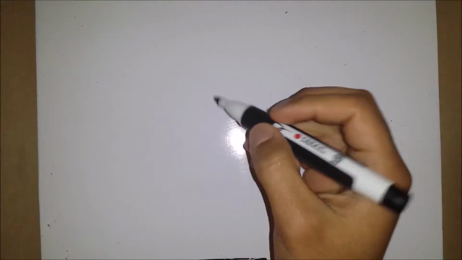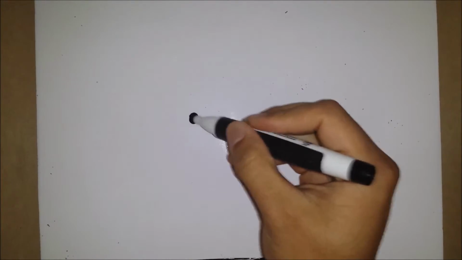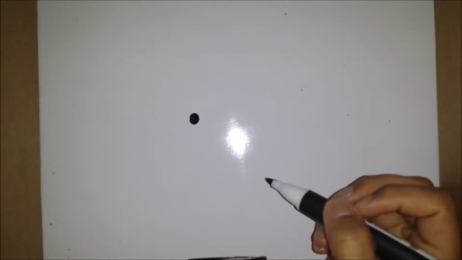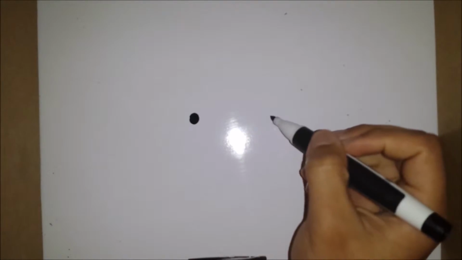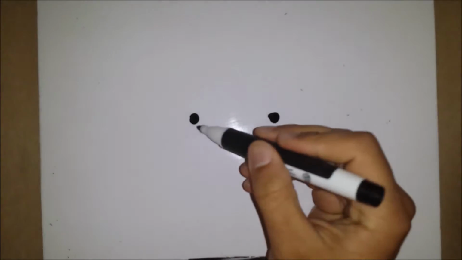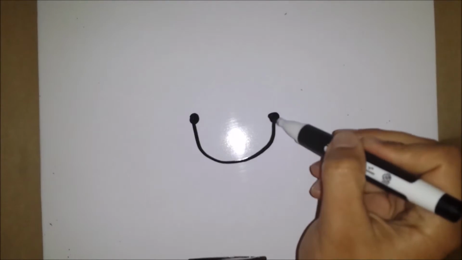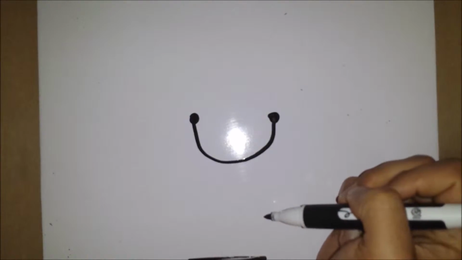Okay, so to sum it all up, now this is going to look very familiar to you. This is going to be our first dimensional object, represented by a dot. Moving to the second dimension, I add another dot. Draw my second dimensional object as such.